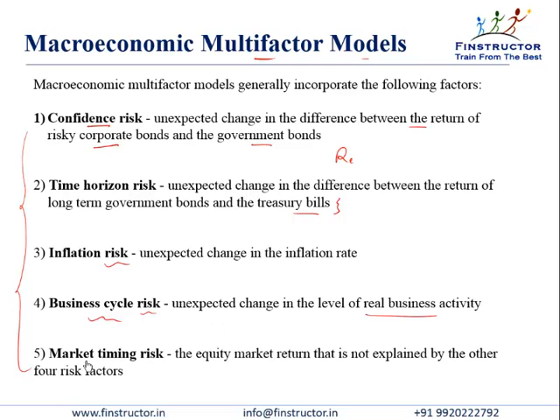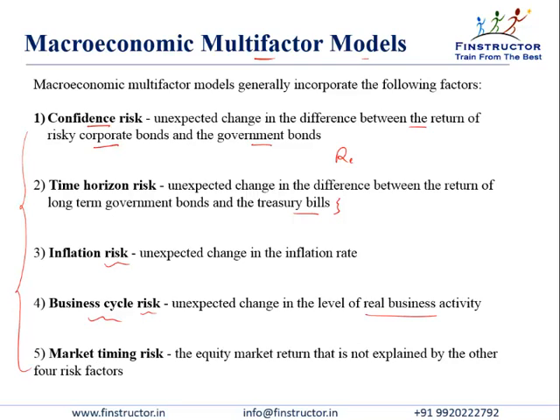So we'll define market timing risk as the residual risk that is there in equities. So in the past, if we see, the returns can broadly be explained by these four risks and some other variability that we refer to as timing risk.